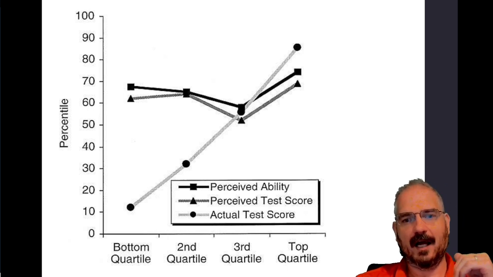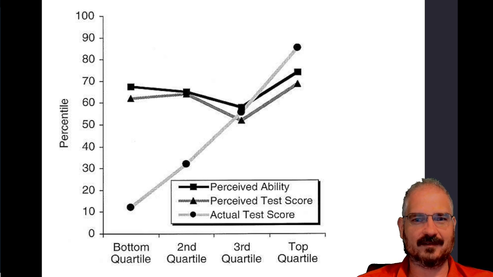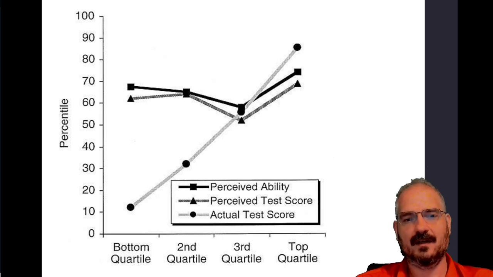So when you ask people how much do you know about this certain topic, you'll see from the solid black line that what people think they know, their perceived ability, doesn't really vary much with their actual ability, right?